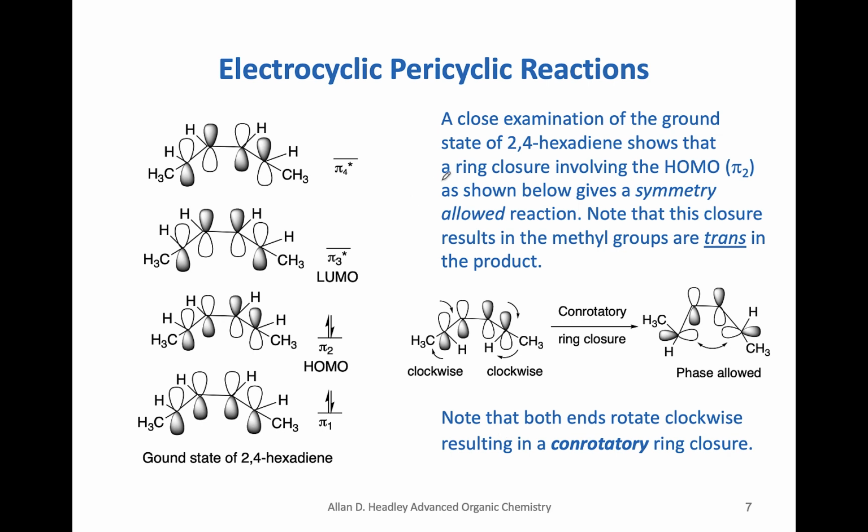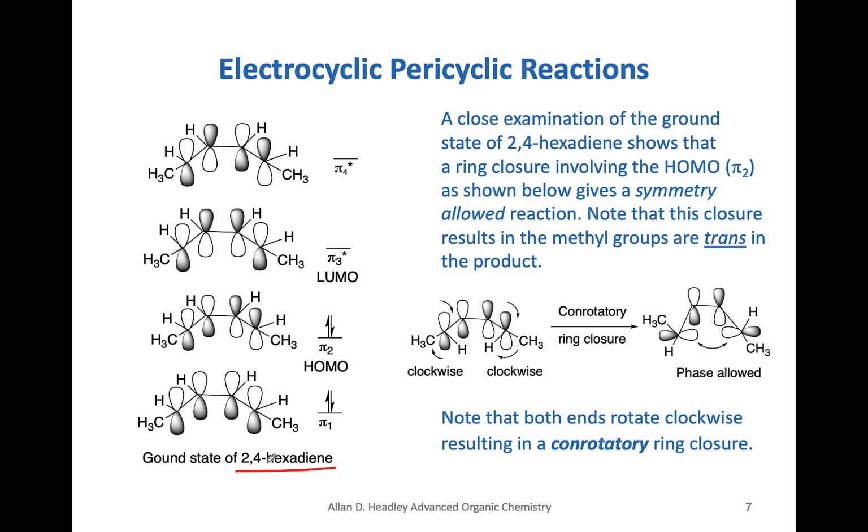So what's done here is to examine the molecular orbitals. So let's look at the ground state of the hexadiene, and this time we're just looking at the p orbitals, because as we mentioned here, it's the pi bonds that are really of importance here.